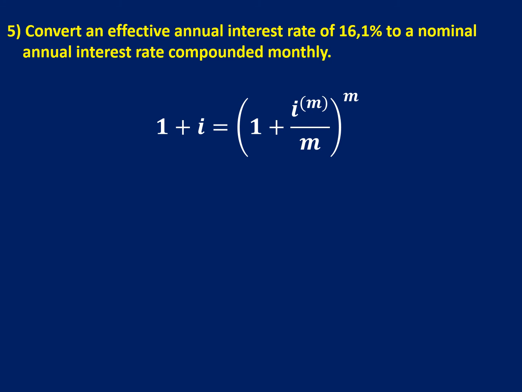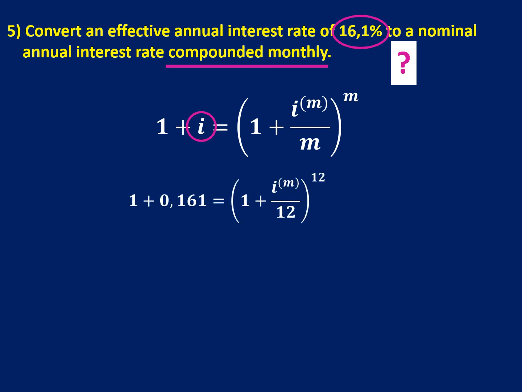So this time we've got the I value, which is going to be 16.1, but we don't know how much was compounded monthly. So the 16.1 we're going to express as a decimal on the left-hand side, and we don't know how much the nominal interest rate is, but we want to know it's compounded monthly. So we're going to divide by 12 and have an exponent of 12.